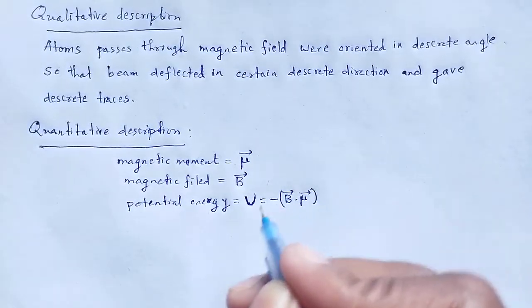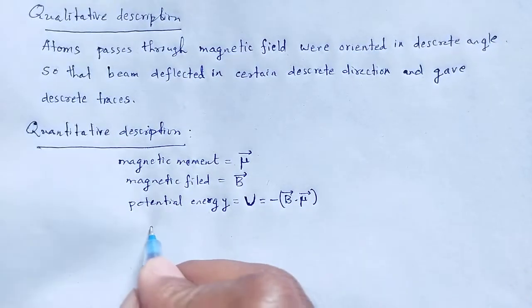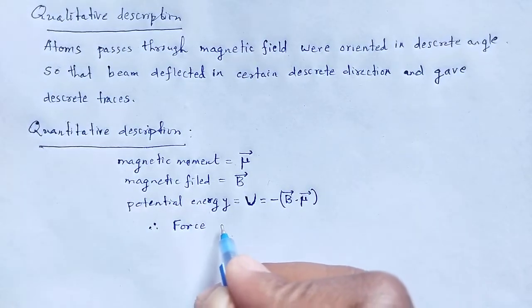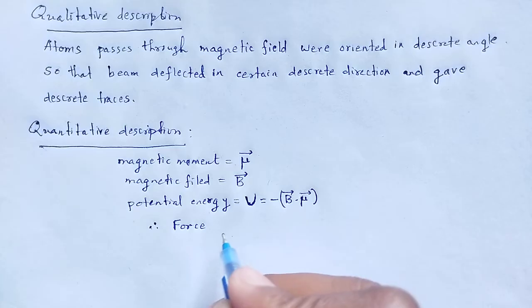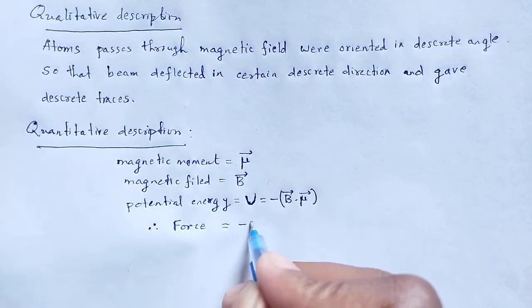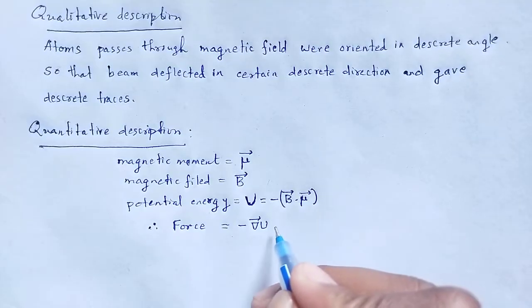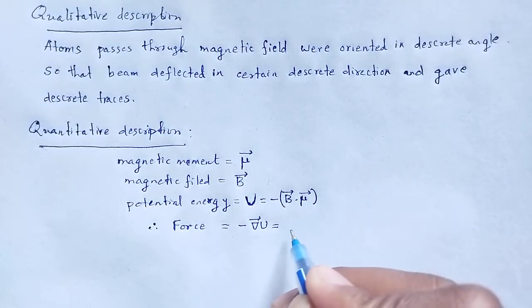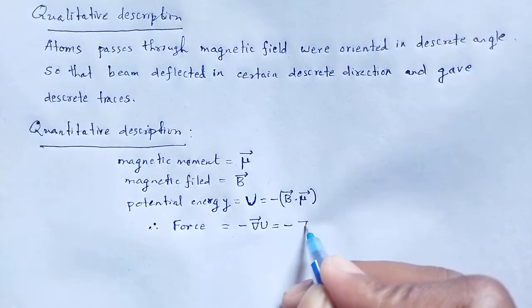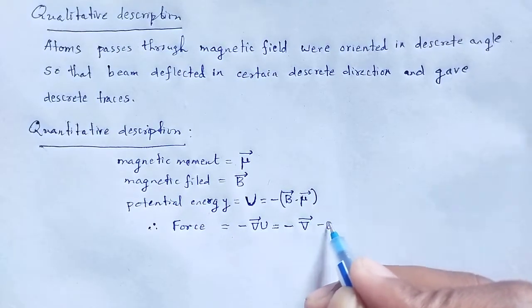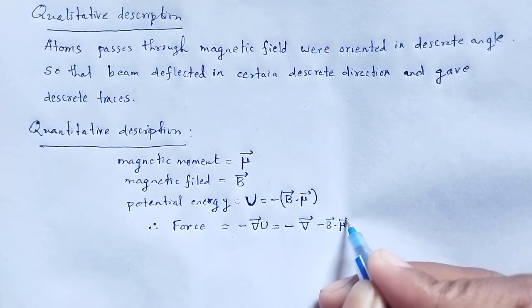This is the potential energy, and therefore the force is the negative gradient of the potential energy, that is negative grad U, which is equal to minus grad, in place of potential energy substitute minus B dot mu.